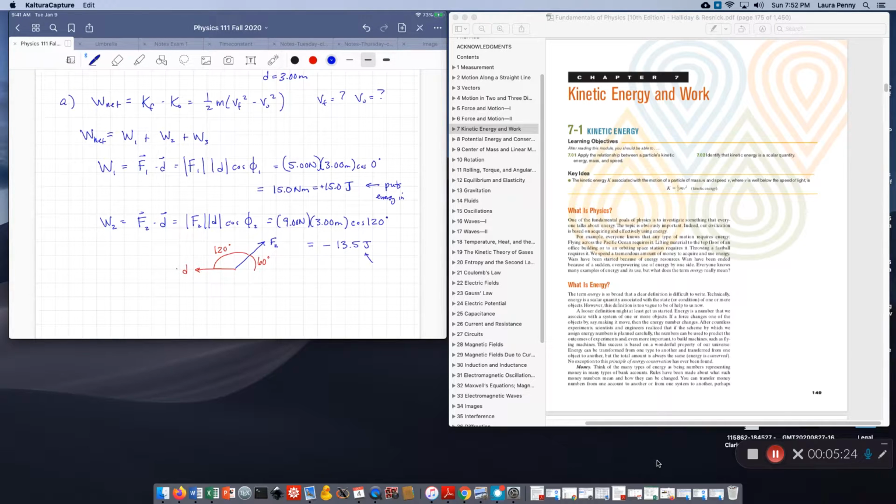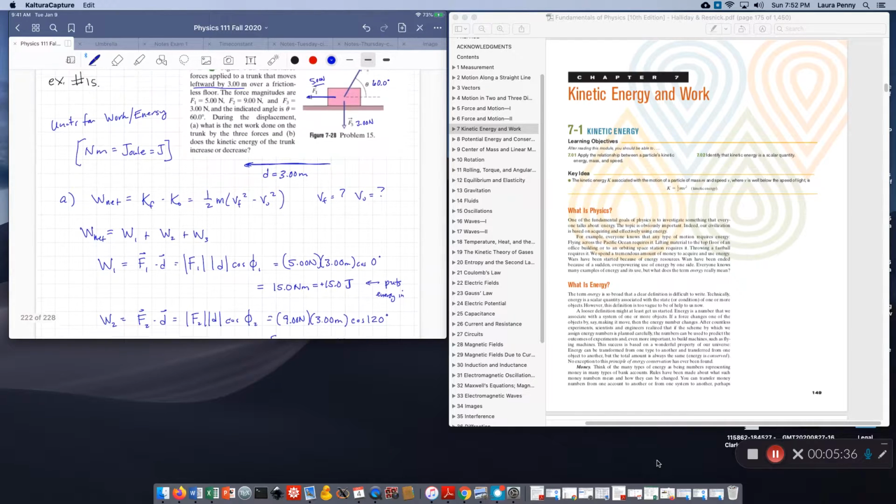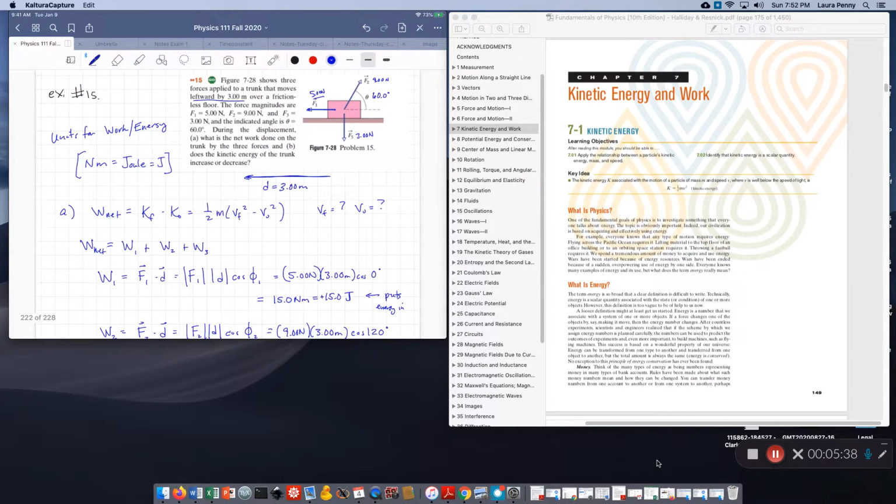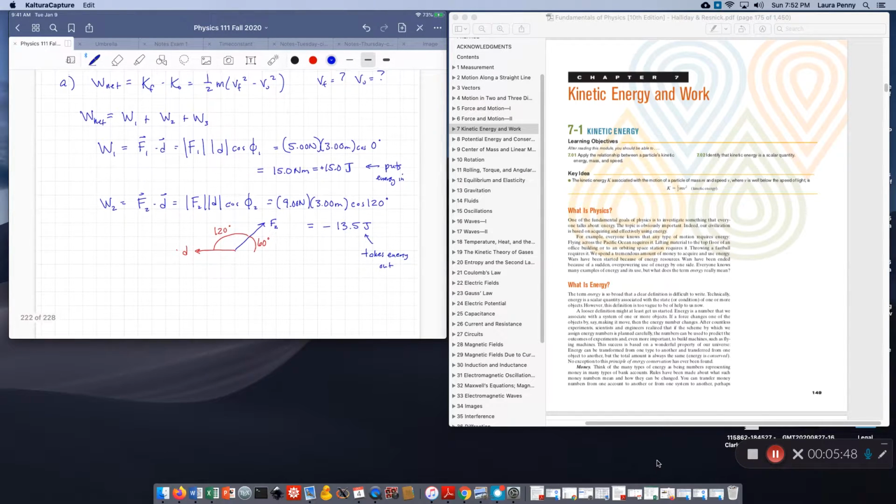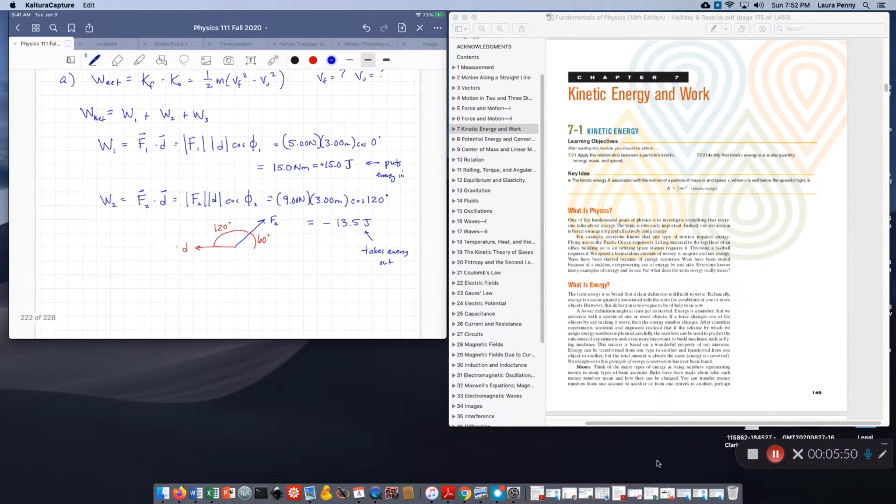This is negative. That means it's taking energy out, or on its own, it would try to make it move slower. It would have less kinetic energy if this force had its way. And that makes sense. It's not helping push this thing the 3 meters to the left. In fact, it's trying to stop this thing from moving 3 meters to the left. And so it makes sense that it has a negative work.